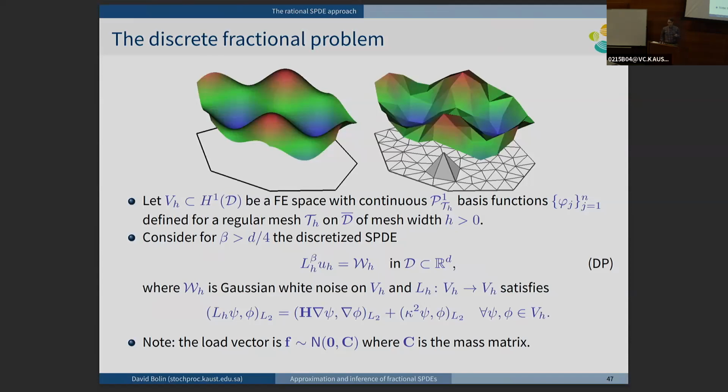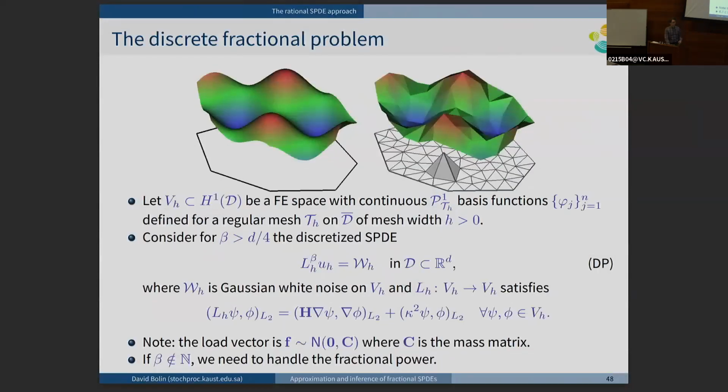So I will show you basically the regularity results for piecewise linear finite elements, but you're right that if you increase beta here, at some point it might be meaningful to also go to higher polynomial finite elements. Yes, that's right. But yeah, so basically to keep things simple, we will just do it with this piecewise linear here. And also that is kind of what is usually done in this SPDE approach.